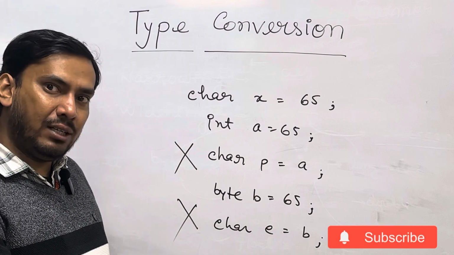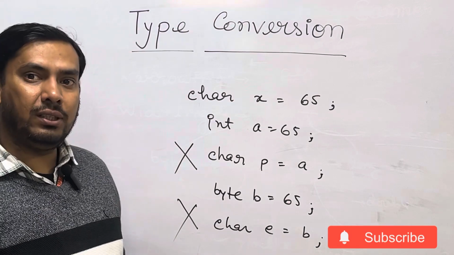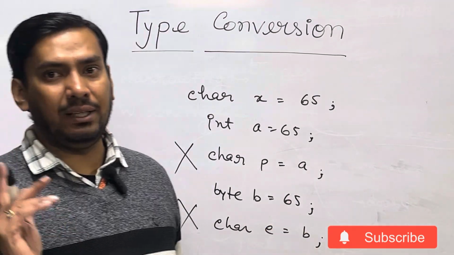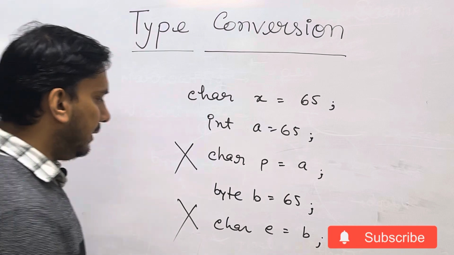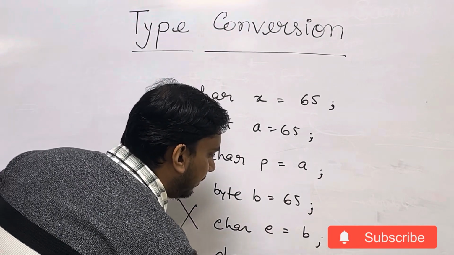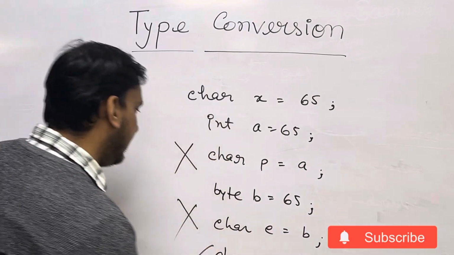Int and long are already larger, so that will be narrowing, but byte and short when converted to char come in the category of narrowing. So this is to be written like this, char c is equal to (char) b. This is correct, right?